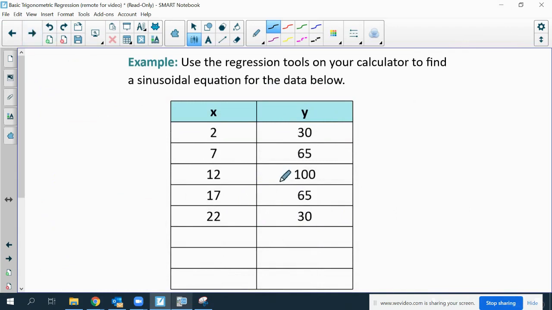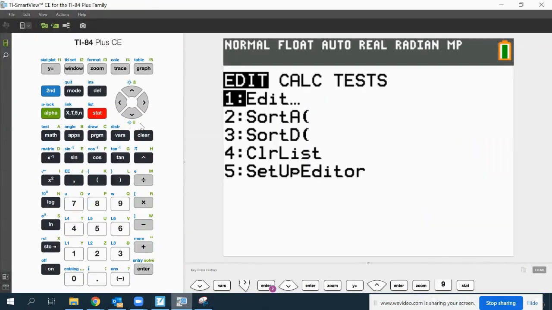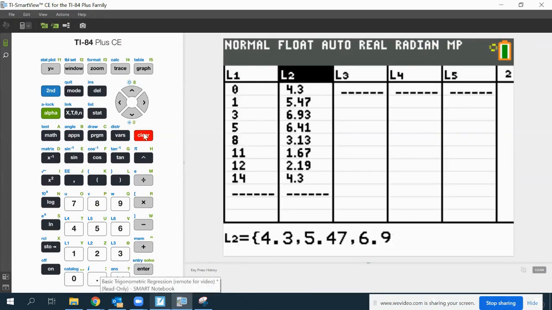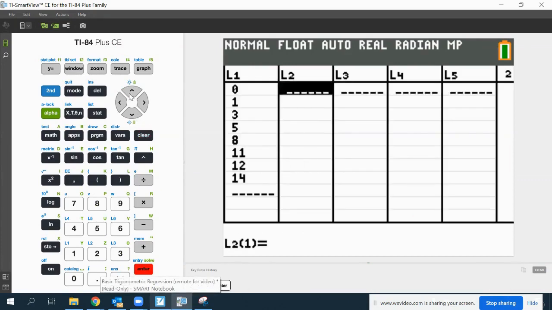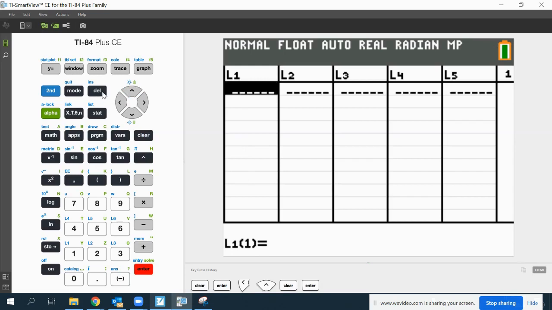So now I'm going to do one more quick problem. I will type these into the calculator. So we will go to stat, edit. If you go up and hit clear on L1 and L2, everything goes away. If you go up to L1 or L2 and hit delete, that's a really bad idea, so don't do that.